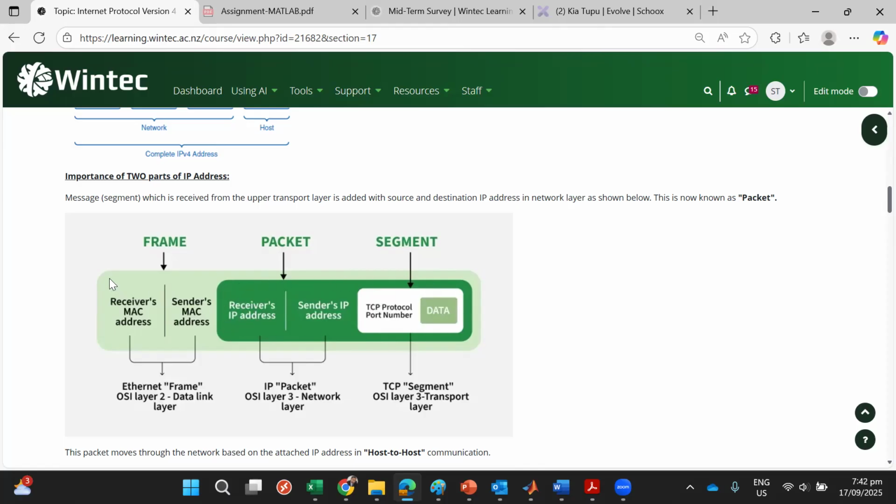And then the data link layer is between two devices that are directly connected. It may be in one network, it may involve intermediary devices, and that is done with the MAC address.